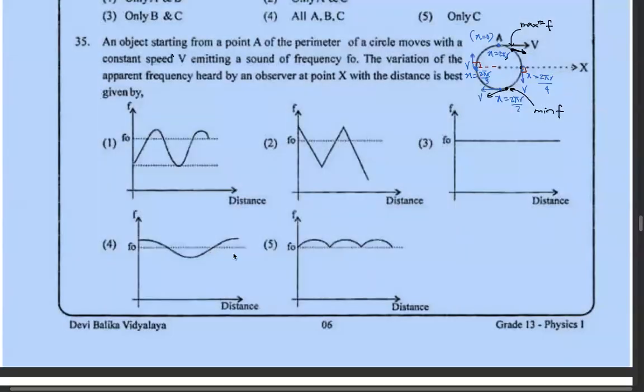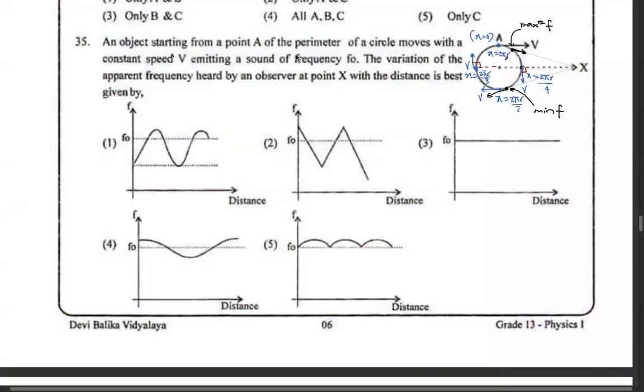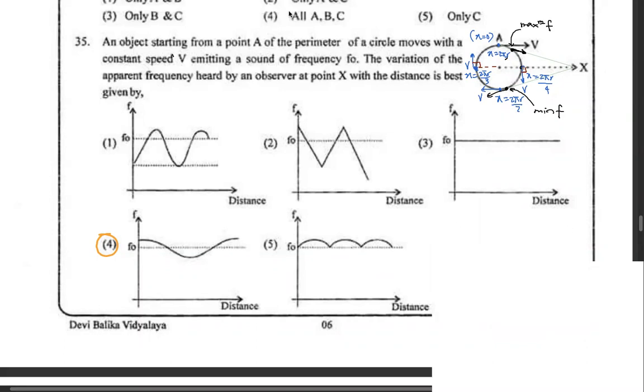So looks like fourth is the best choice, people, because when the object comes here, it will hear F naught. Wait, I will put that in steps and finish this off. Let's draw it in steps and explain it to you. This one, and then another one here.